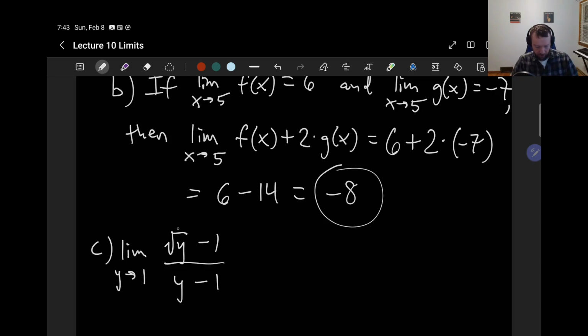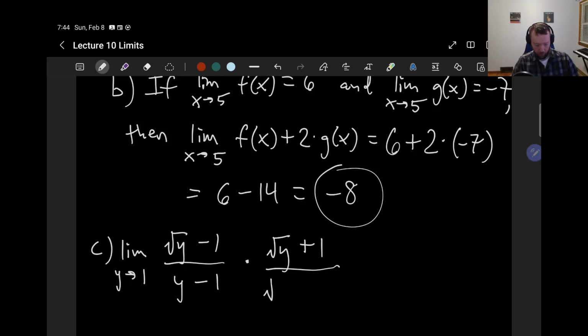And the trick, if you have a rational expression, that's division, involving square roots, then this is probably going to be a multiplying by the conjugate type of problem. So in particular, this is the part which involves the square root. So we multiply by its conjugate, which is just flipping the sign.